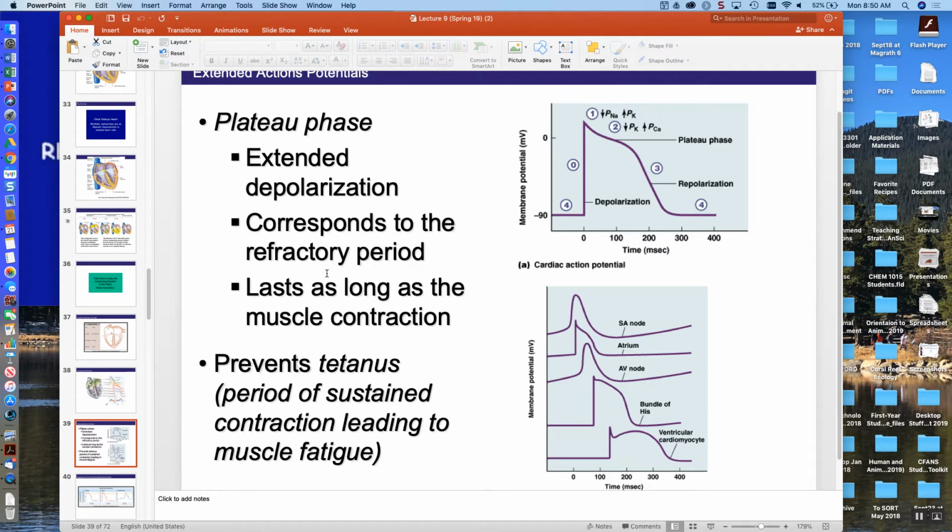Remember, refractory means no matter how strong that second stimulus, you can't fire another action potential when the cell is in its refractory period. So again, you can't reach summation or tetanus. It lasts as long as the muscle contraction to prevent cramping of your heart, prevents tetanus.